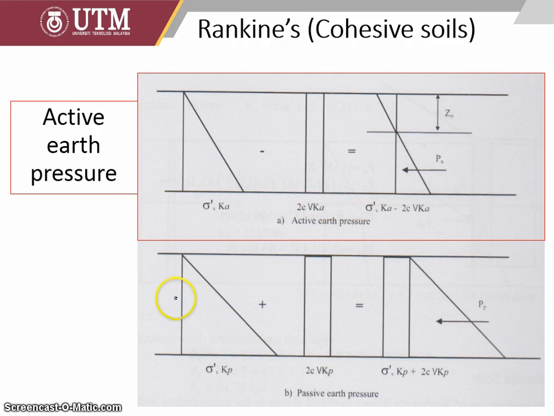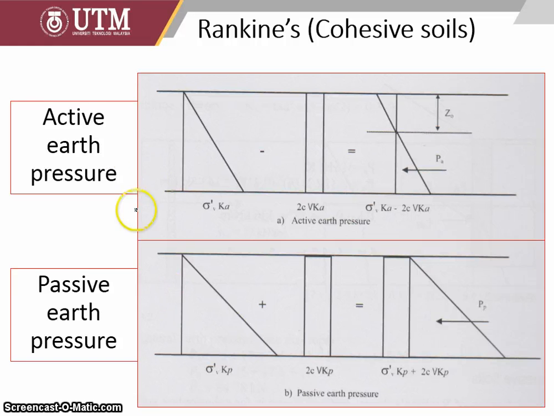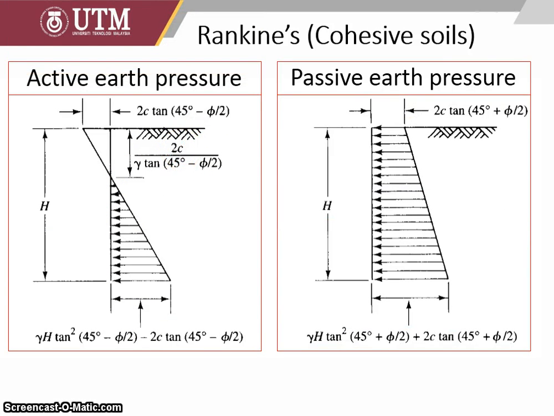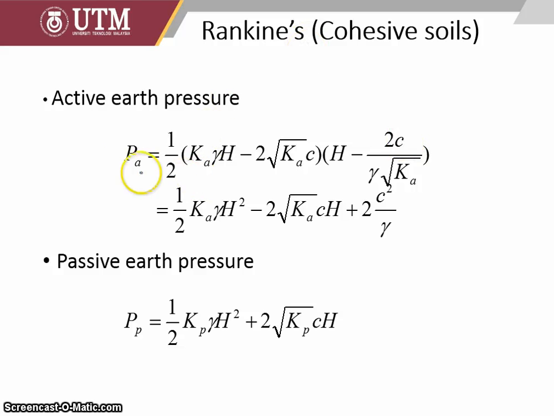Similarly, for the passive earth pressure, instead of minus, we now have to add 2C square root of Kp, the coefficient of passive. We can also define the Z critical for active right here, and for the passive we can define how much additional pressure there is. The overall pressure definition is slightly different from the cohesionless condition, and in the cohesive case we have to consider the cohesion factor, so it is quite lengthy.